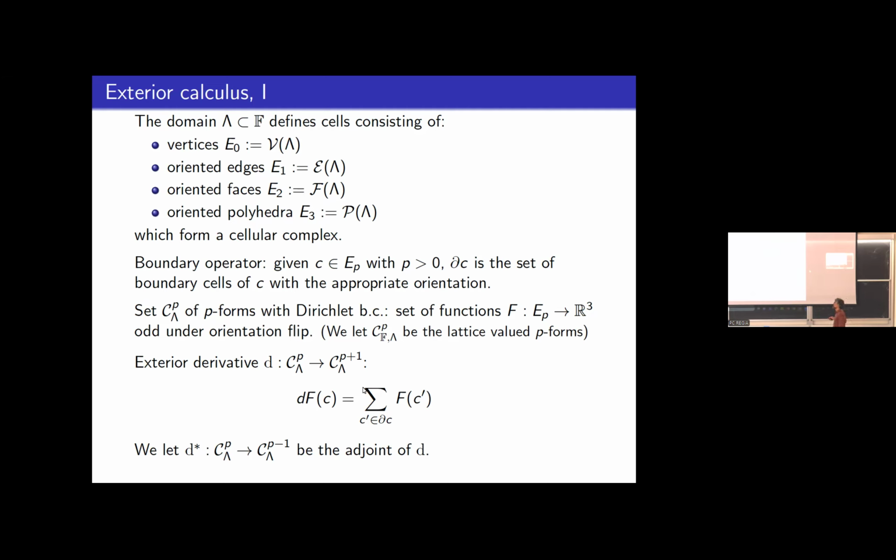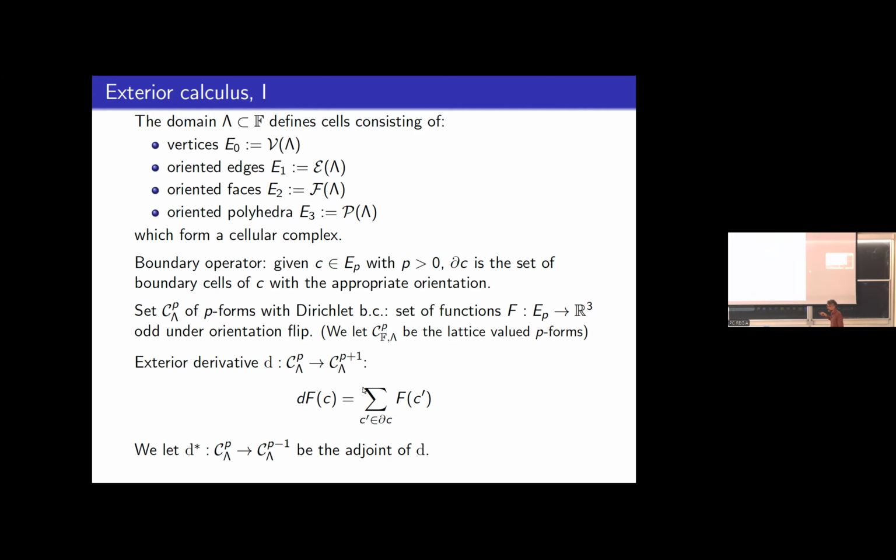Another natural notion that I anticipated in some special cases this morning is the set of p-forms, in our case of interest with Dirichlet boundary conditions. This is a set of functions from these oriented cells to R3 that are odd under orientation flip. This morning I called one-forms the functions from edges to R3 that are odd under orientation flip. I can do the same for functions over oriented faces and oriented polyhedra.